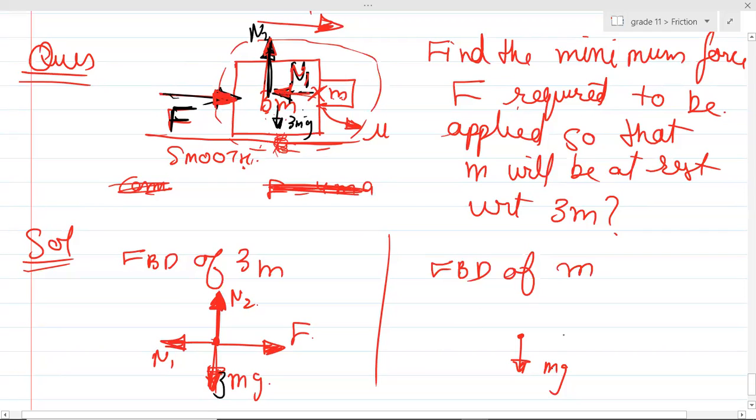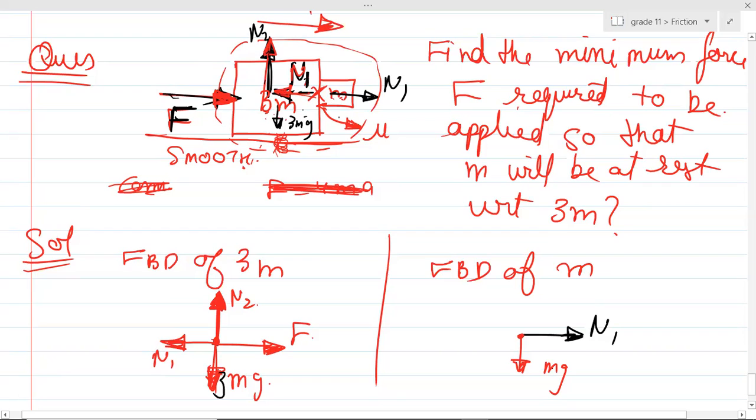For that we are doing this. So mg is acting downwards. The normal reaction N1 which we drew over here will be acting in this direction. What else? Anything else apart from this? No, nothing, right?